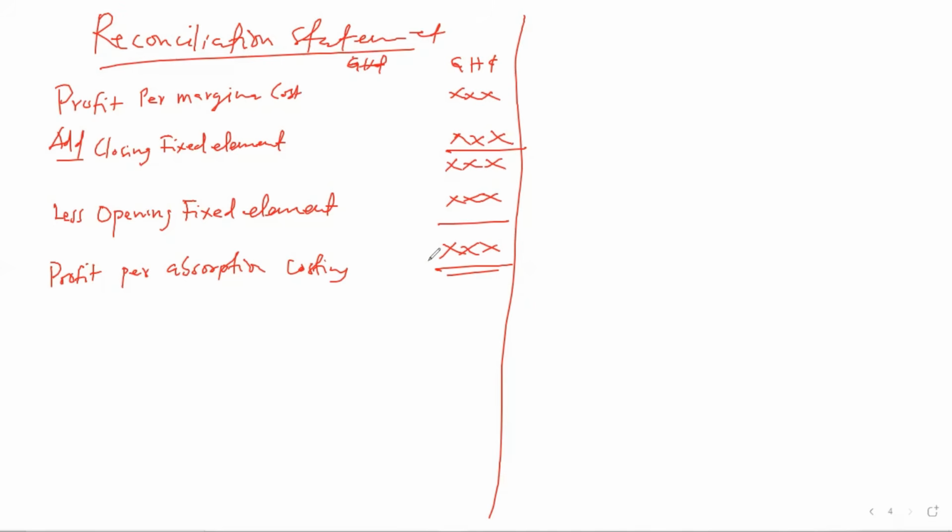Someone can also decide to start with the profits as per absorption costing. With that one, it's the vice versa. If you are starting with the profits as per absorption costing, you add what? The opening fixed element.